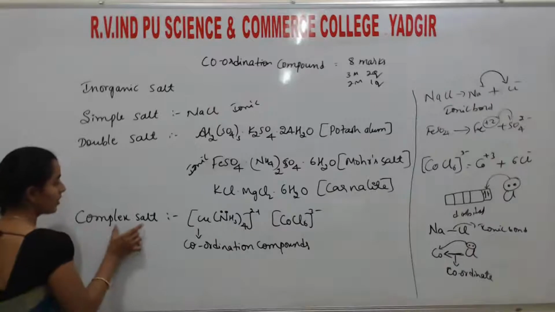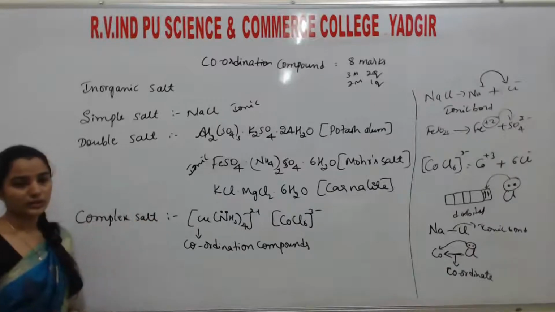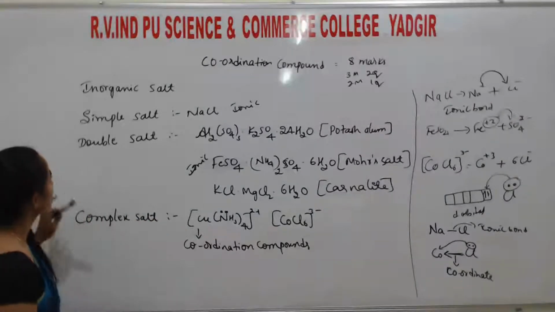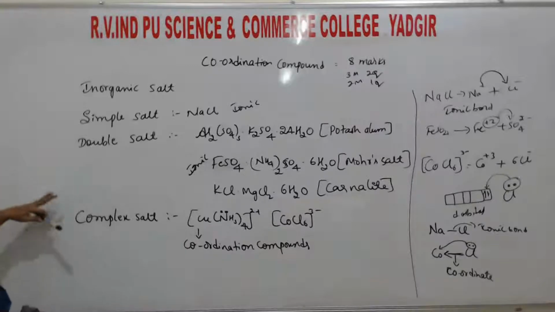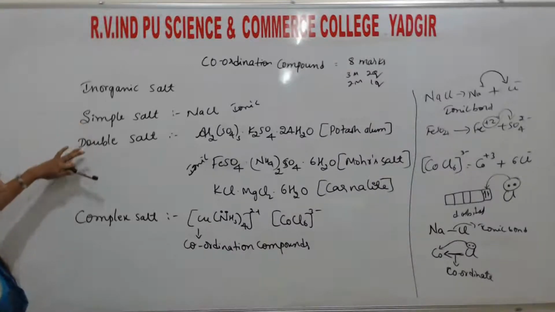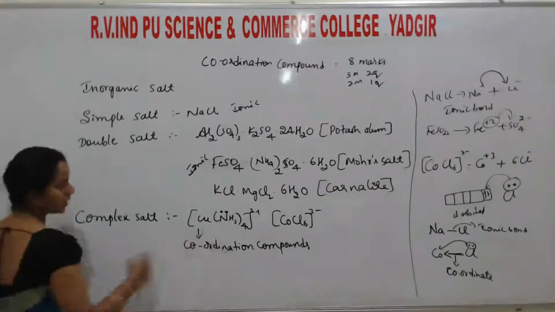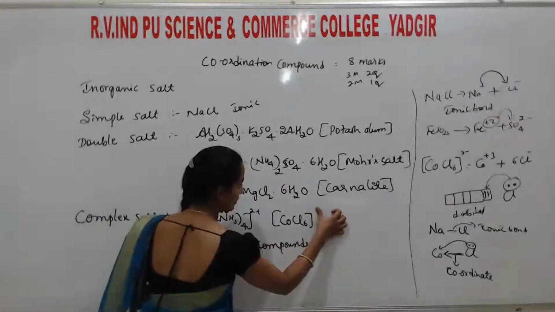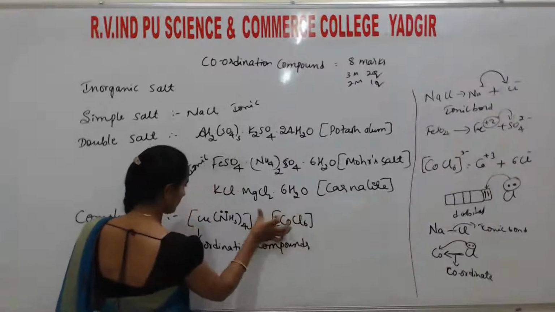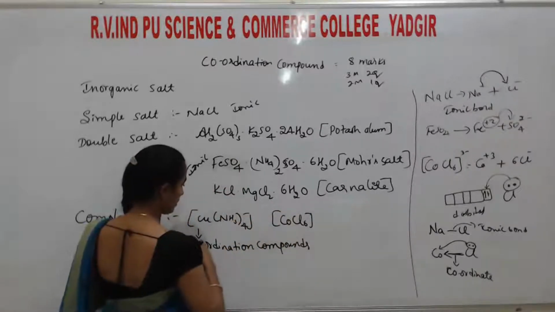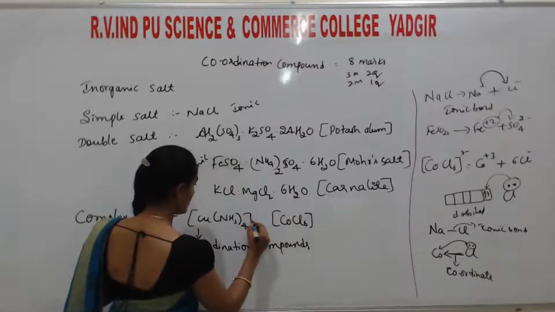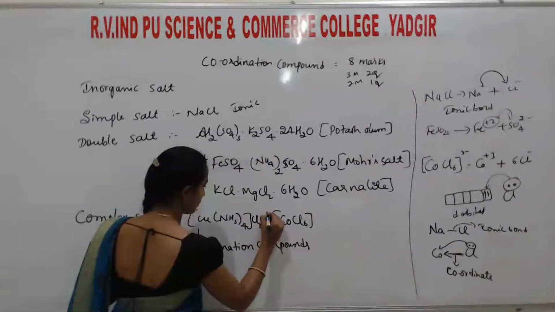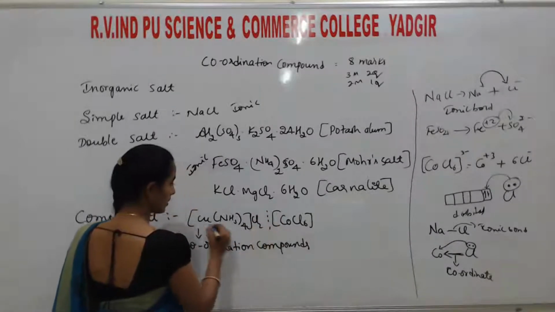It is a type of complex salt, students. Okay. So this is all about the types of salts. In inorganic chemistry, there are simple salt, double salt, and complex salt. So if you want to dissociate this, assume this is the compound.